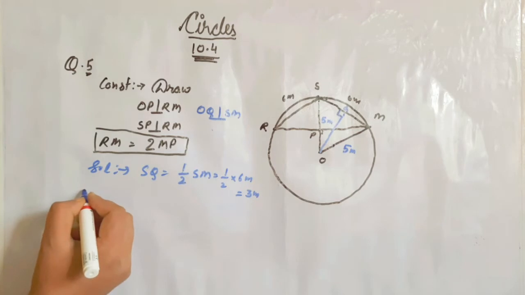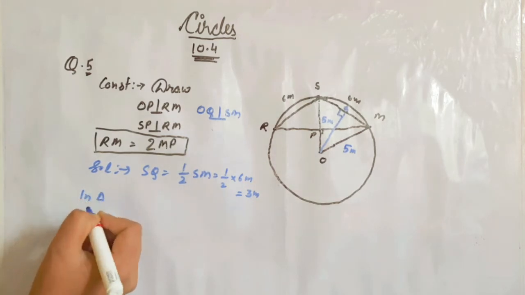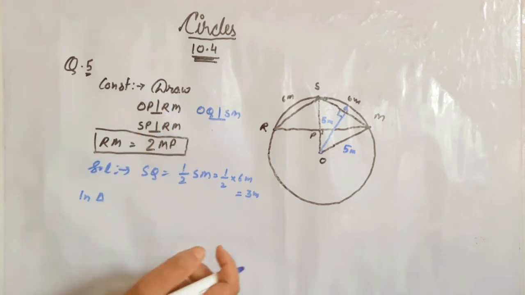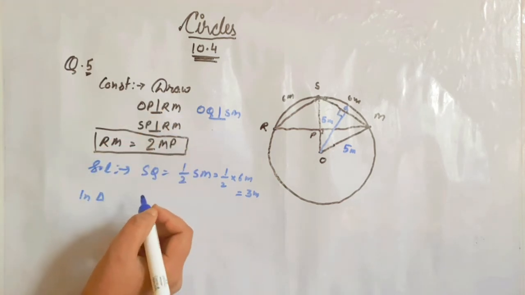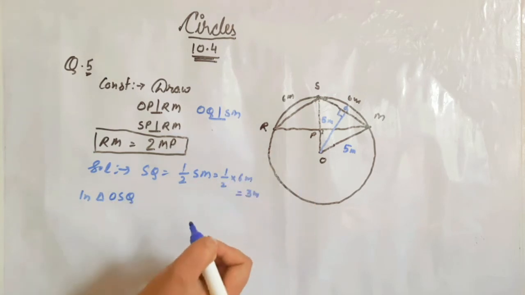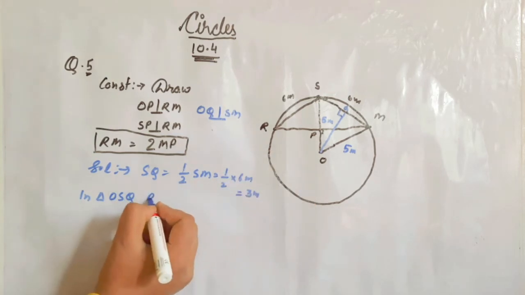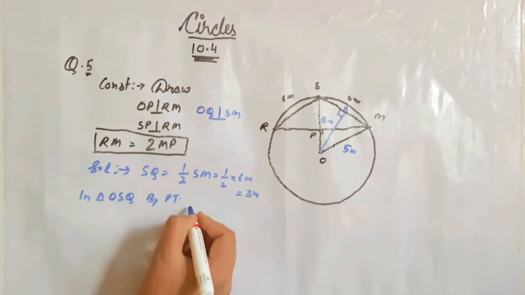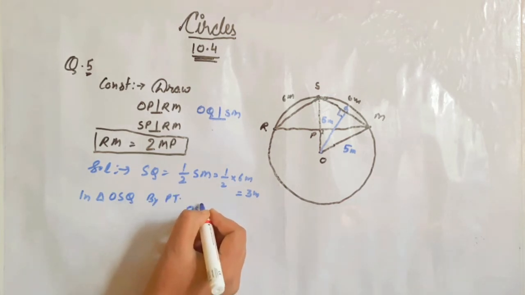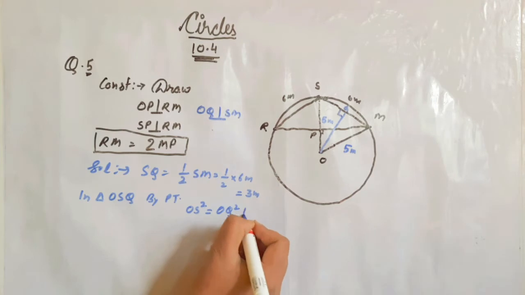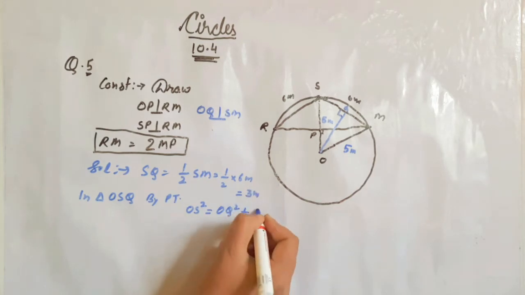Now in a triangle, I am using the shortest method here. So in triangle OSQ, it is a right angle triangle. By Pythagoras theorem, OS square is equal to OQ square plus QS square.